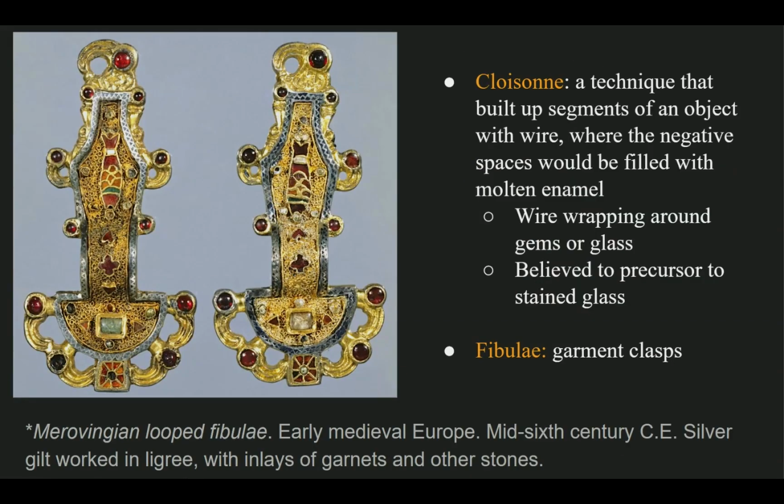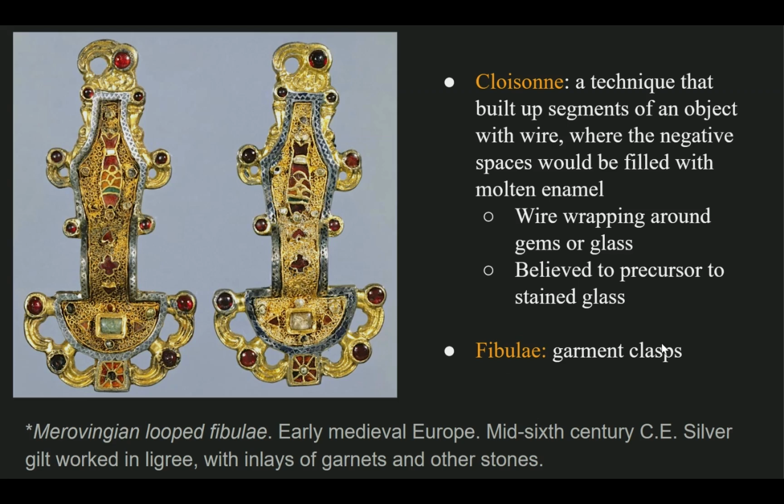Now let's sidetrack for a moment and study the Merovingian fibulae. And so this is cloisonné, this technique where you're building up these different segments with wire. And look at the amount of time and detail that it took to create each of these.